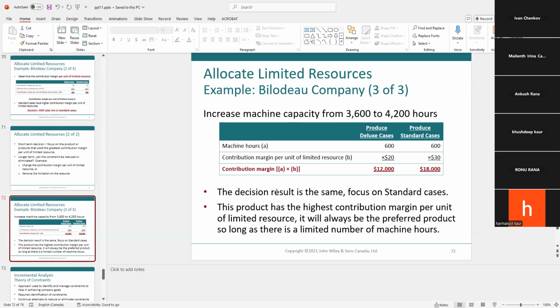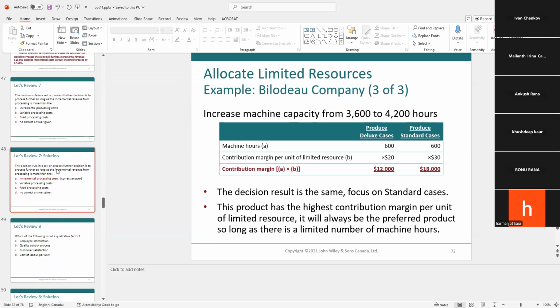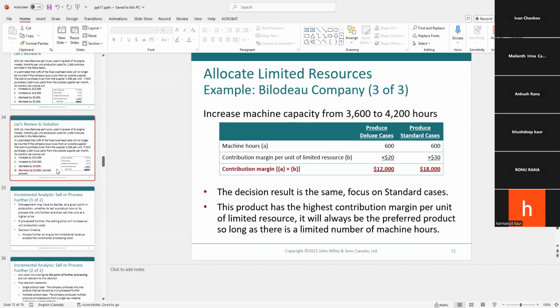And then you have to find the solution, among the different choices and different decisions that you have to make. What were the decisions here?